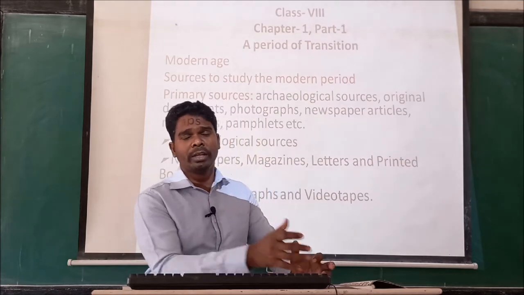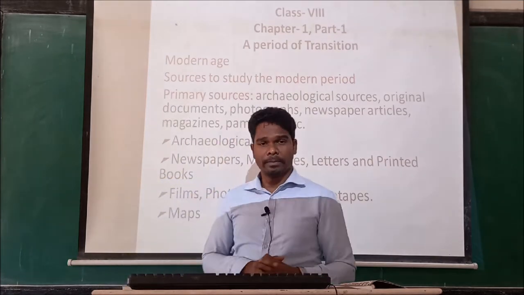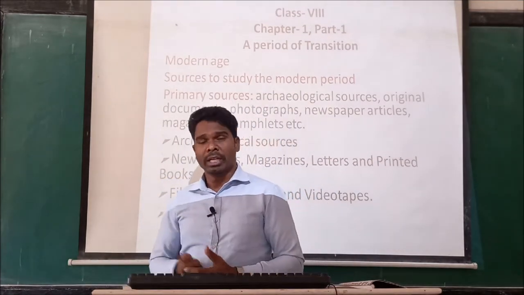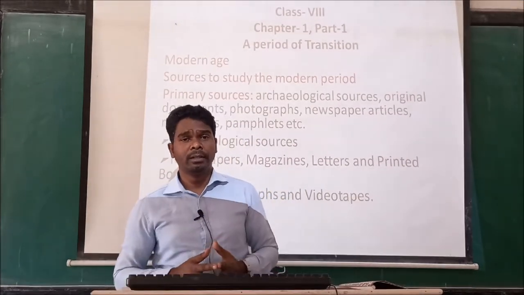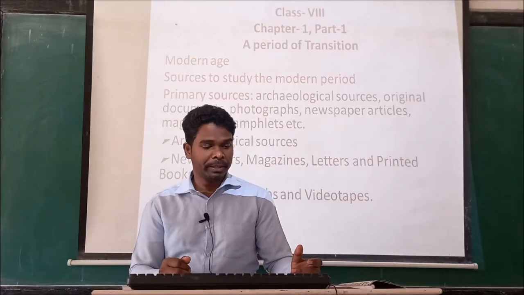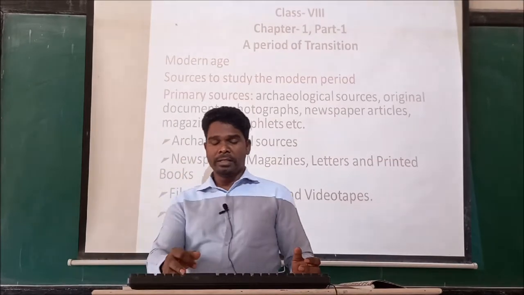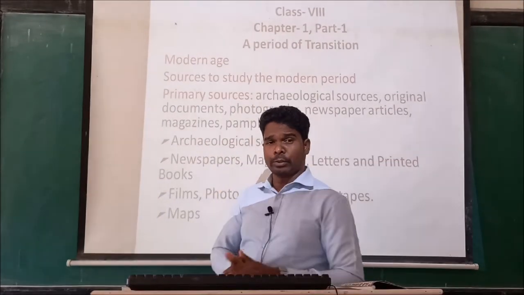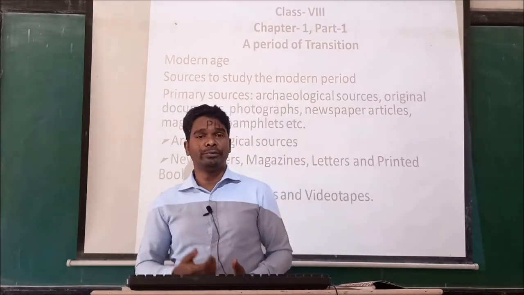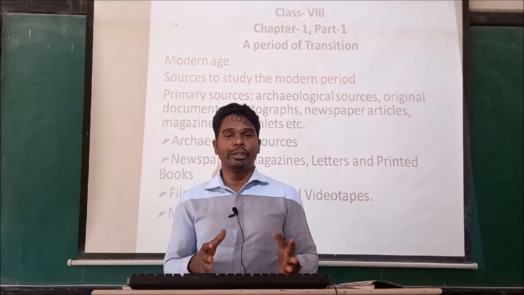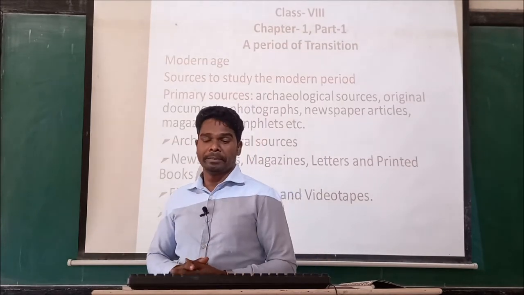Looking at those old maps, we get to know the location of a town, city or a place. Dear students, all these were the primary sources from which we get direct information about the history of a certain time period.